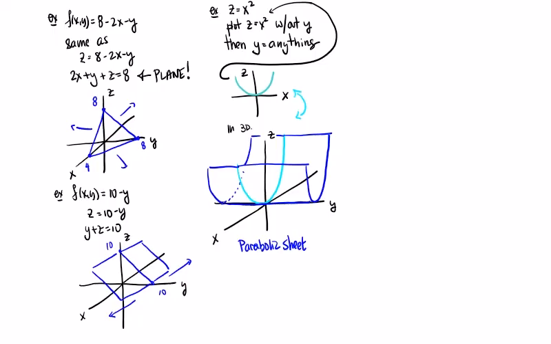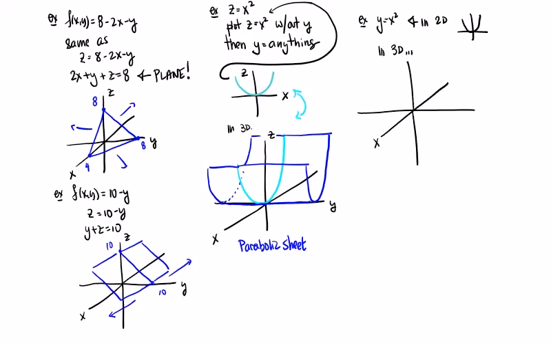And you could do the same, for example, if you did something like y equals x squared. Now, this is sort of sneaky because you might look at y equals x squared and say, well, that's just a parabola. That's a pre-calc problem. So the response is, it depends on the context, right? If you're in pre-calc, in 2D, it's just a parabola. But in 3D, we gain that third dimension. So again, let me draw 2 pictures here.